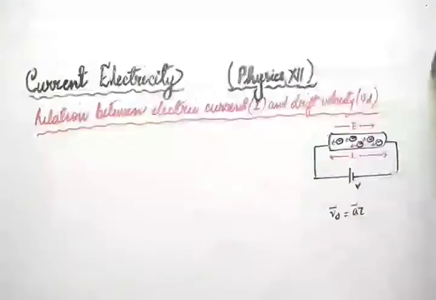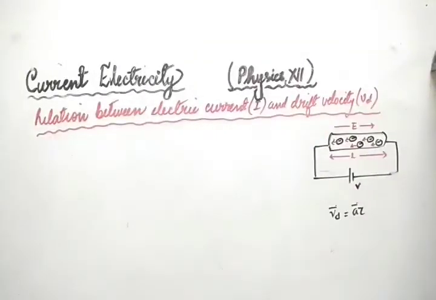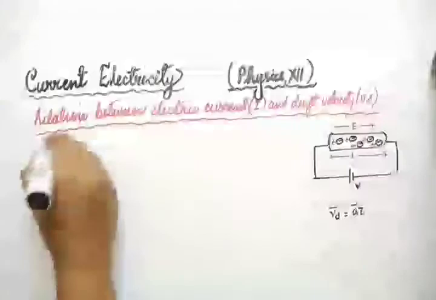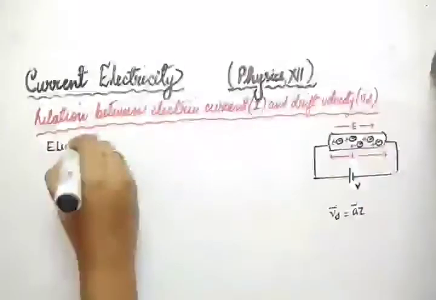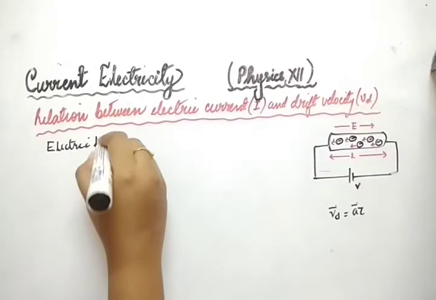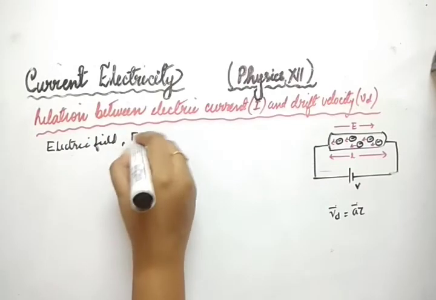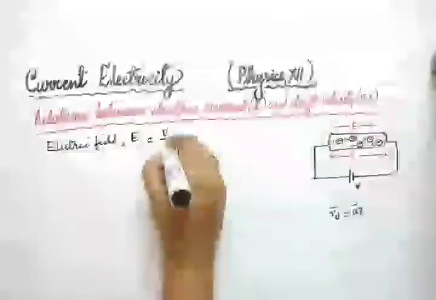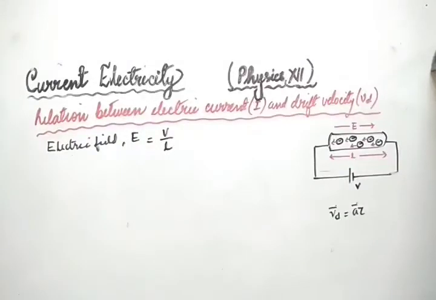Now, the length of the conductor is L, so the electric field E in the conductor can be written as V by L. We all know electric field can be written as voltage by length.